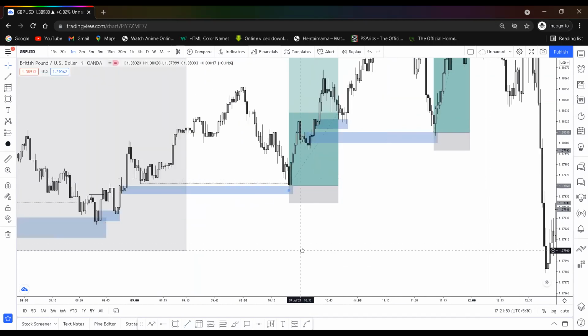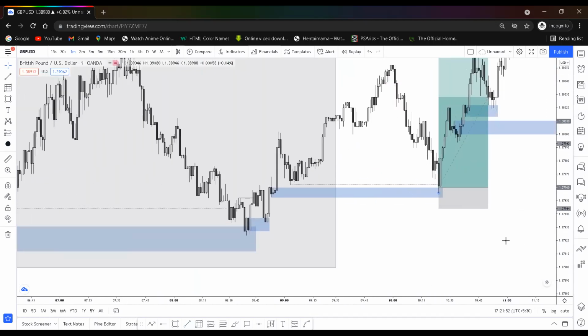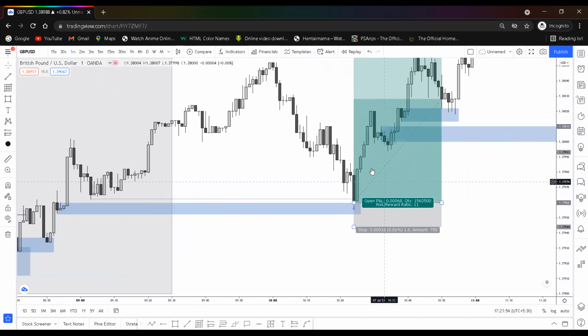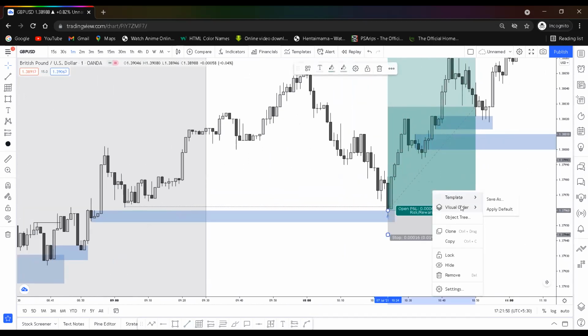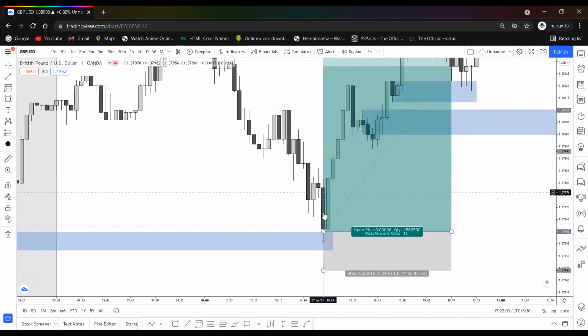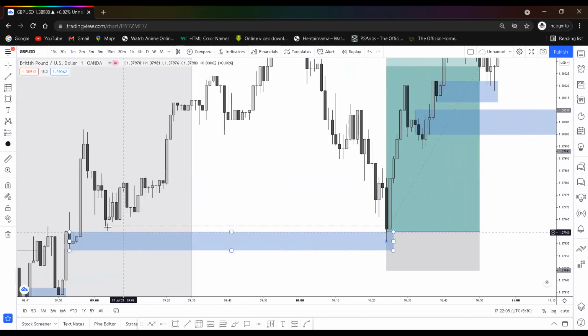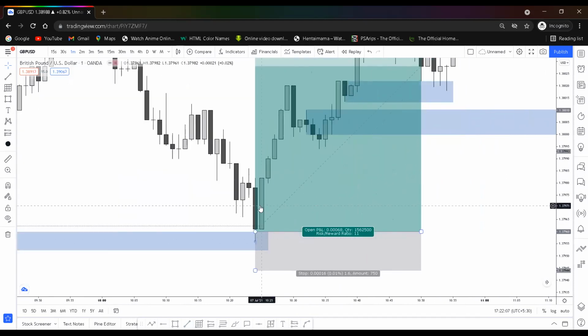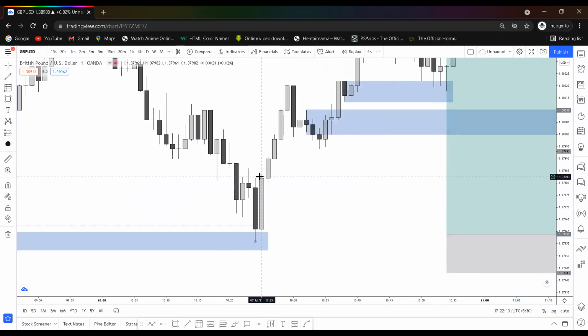Now what it does is it takes out liquidity. And then what makes it a FU candle is that it comes back down, it has to take out liquidity, and then the next candle has to engulf it. You get that? The next candle has to engulf it.